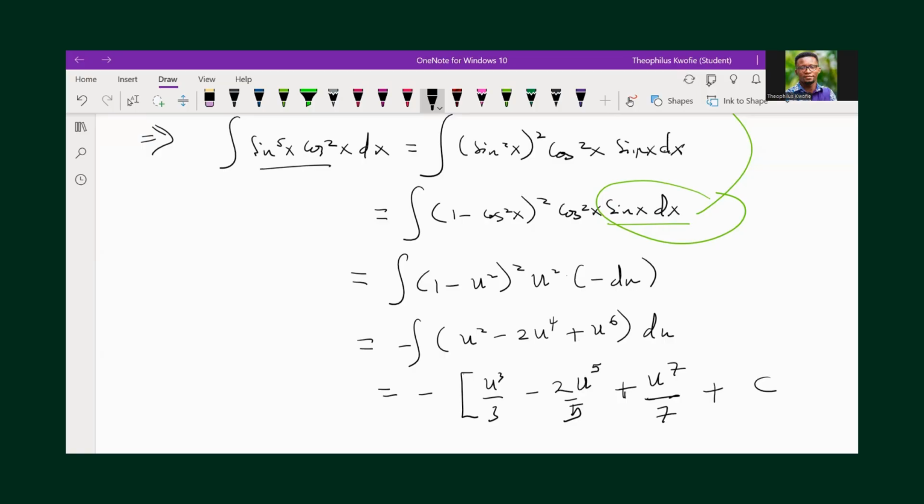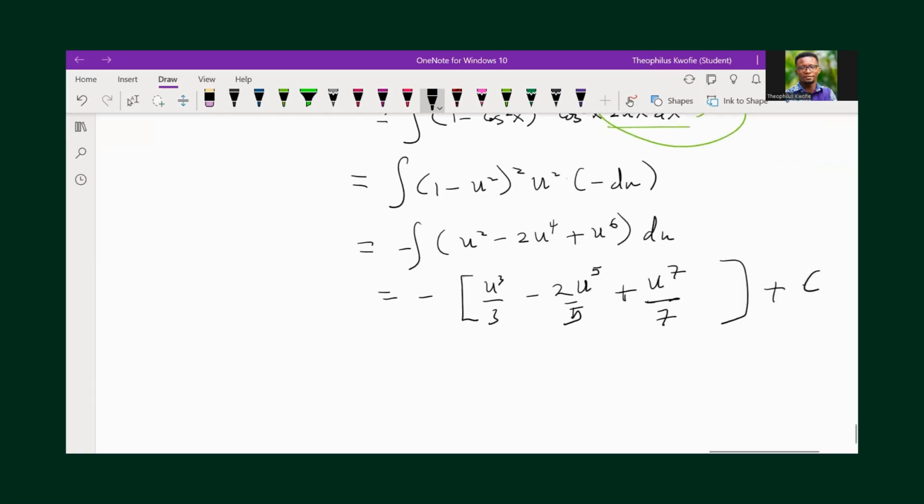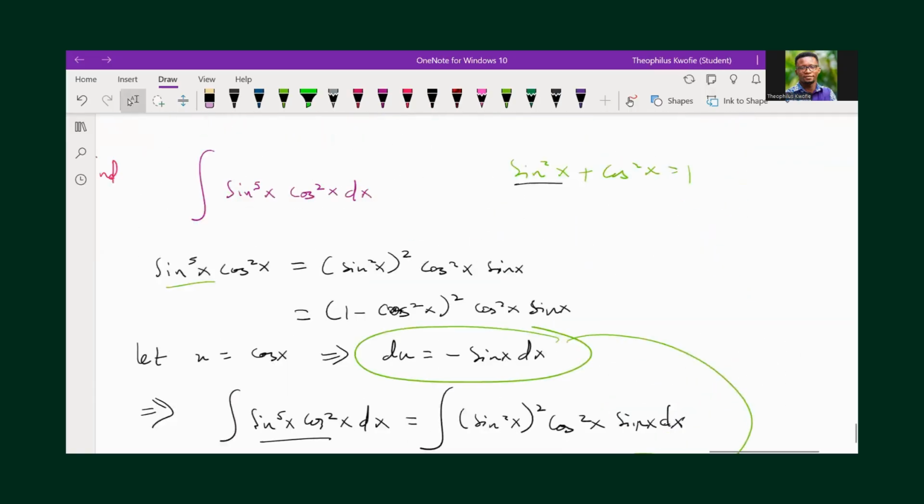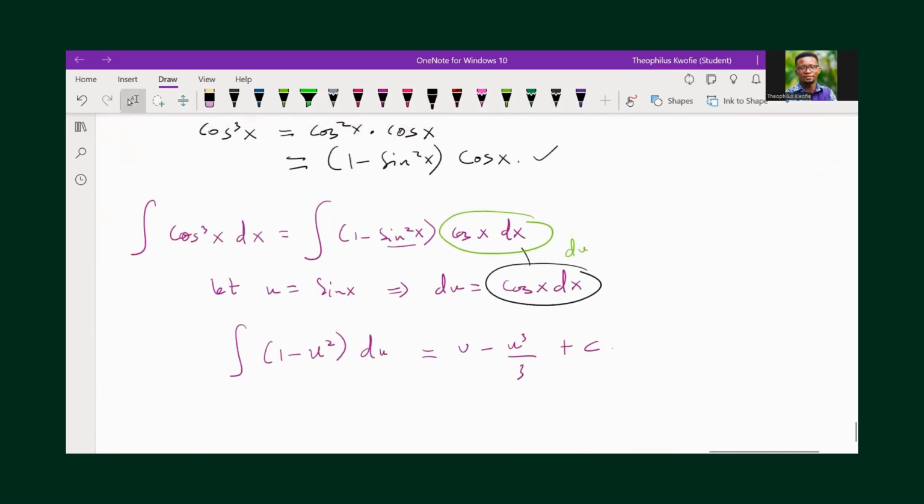So that's what we should have, plus c, the constant c. This is the solution for the problem, but at this point we are not done.